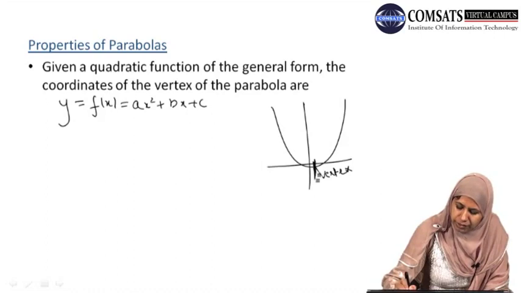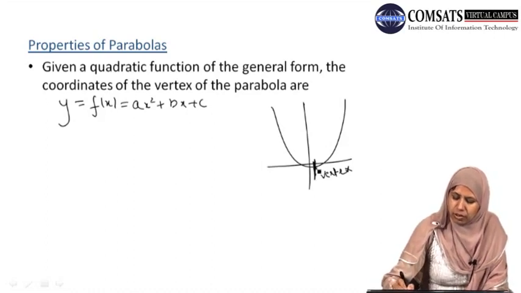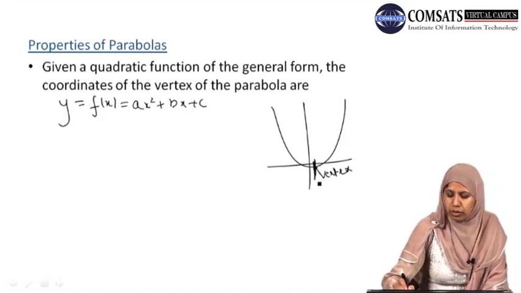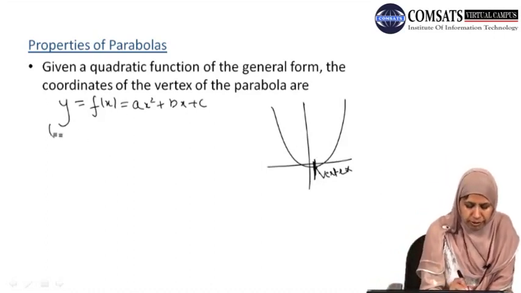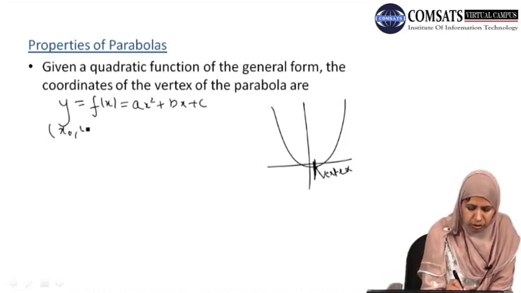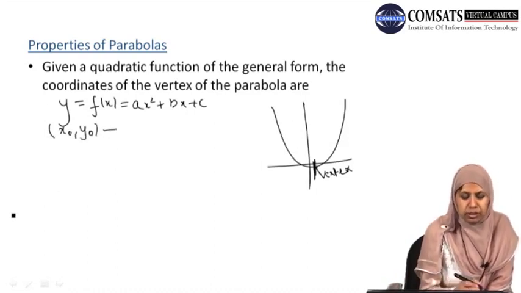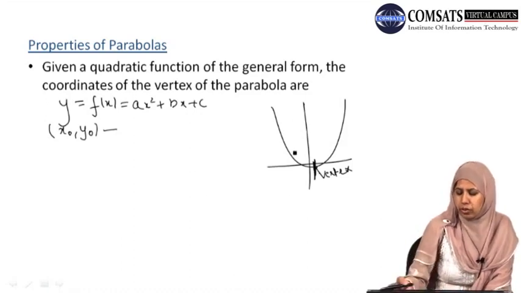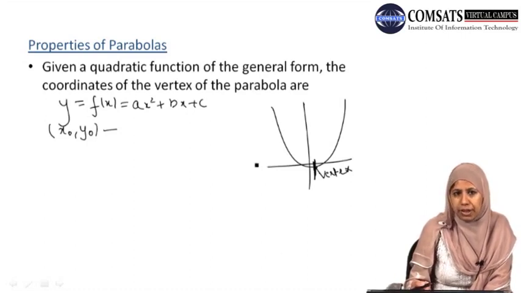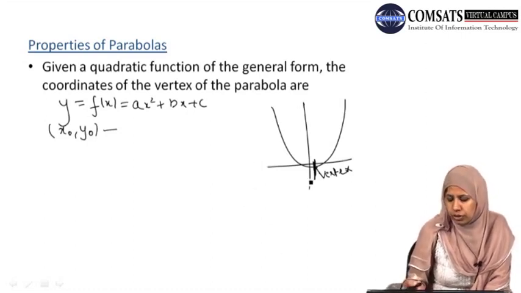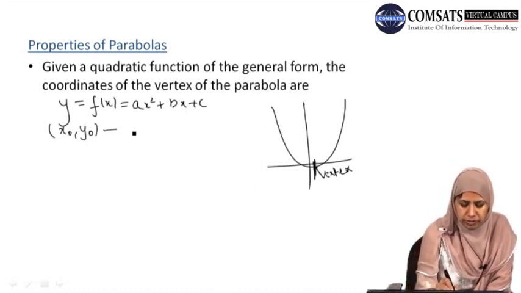So we are interested in finding the coordinates of this point, or the coordinates of the vertex. That is, we are interested in finding, let's say, x naught and y naught, the points on our rectangular coordinates, that is the value of x and the value of y, which represent the vertex.